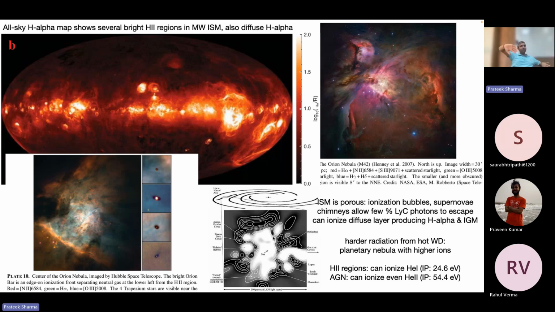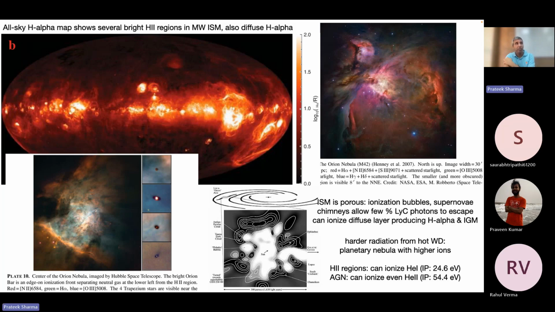So if your Stromgren radius is larger than the ISM scale height, then the photons can just fill the whole space beyond the ISM, because they are no longer encountering neutral hydrogen to ionize. They can form these ionization cones and chimneys.